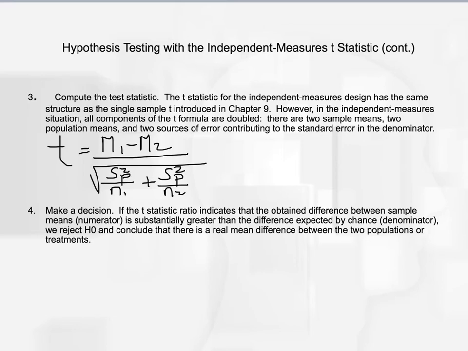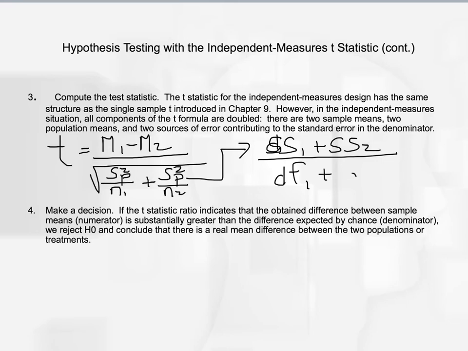And the way you get the pooled variance is you find the sums of squares for group 1, you add to that the sums of squares for group 2. Sometimes the problems will give you the sums of squares, sometimes you'll have to figure that out for yourself, and you'll be dividing by the degrees of freedom in group 1 plus the degrees of freedom in group 2.